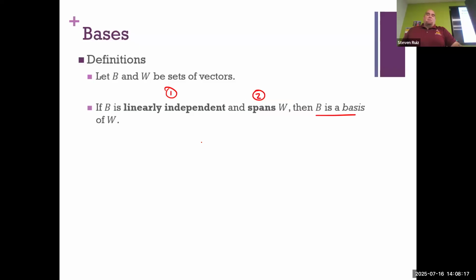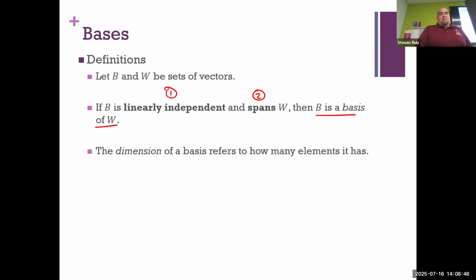If it is, then we say B is a basis of W. So yeah, more beefing up the vocab. In this context, this is what a basis is. So basically, it's a set of vectors that can generate the span. Questions on that?